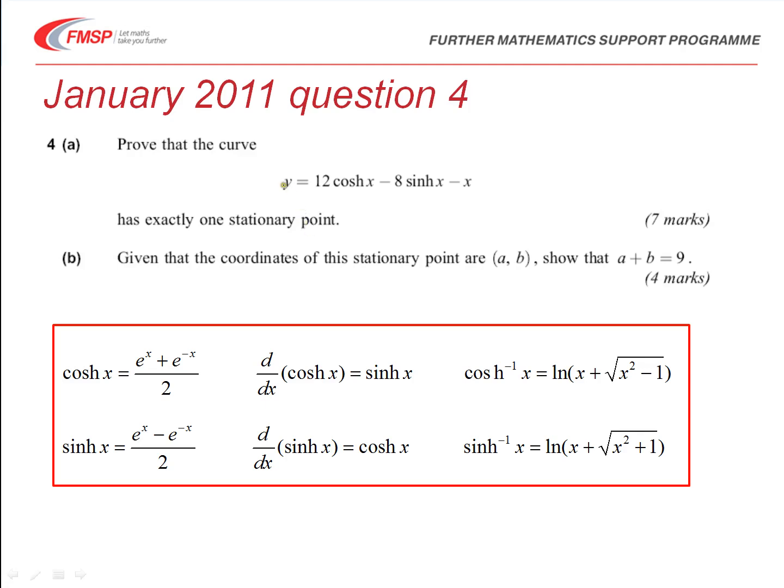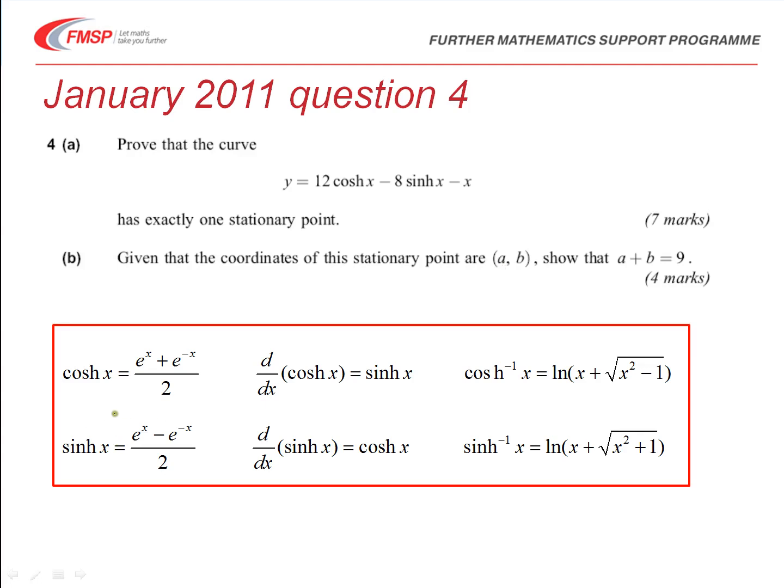Well, we know that to find a stationary point, dy by dx has to equal 0. And so from that we should be able to find out the value of x at that particular point. And then we have to find the y value for that particular coordinate, and then show that there is a relationship between x and y.